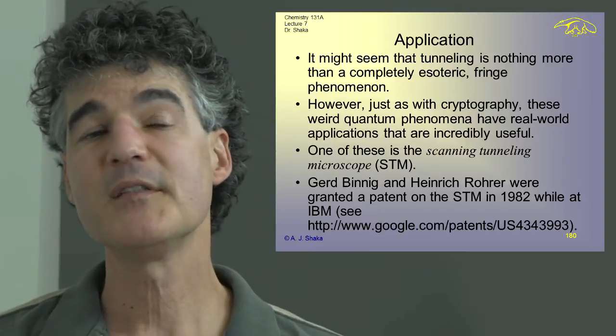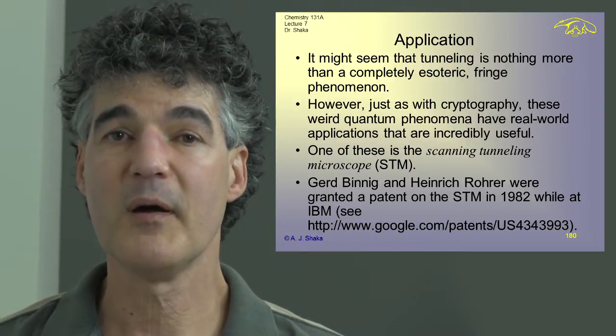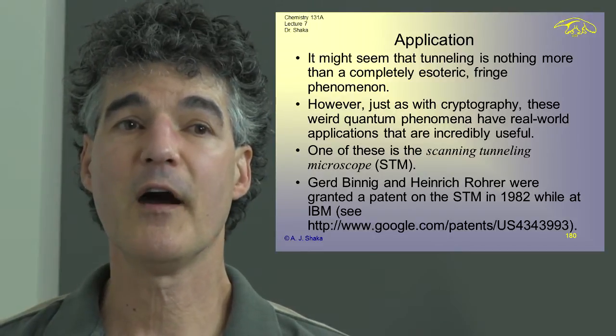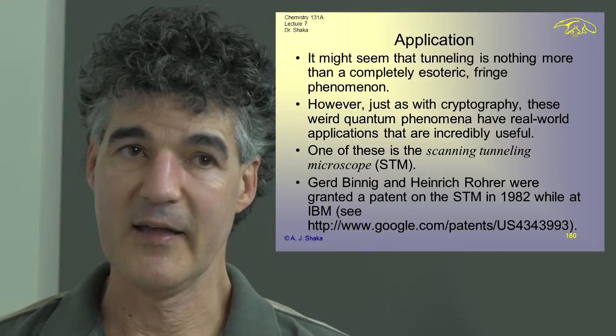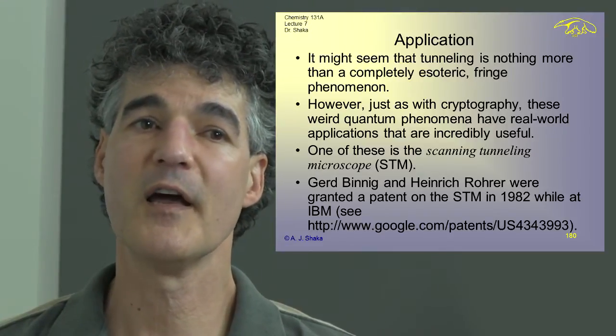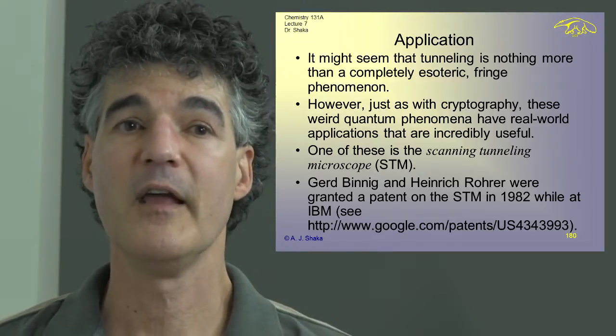They have a list basically of all the patents that have ever been granted. They're public knowledge. You can search them, you can find out, and boy, are there a lot of them. And this patent was 4,343,993, and that was back in 1982.